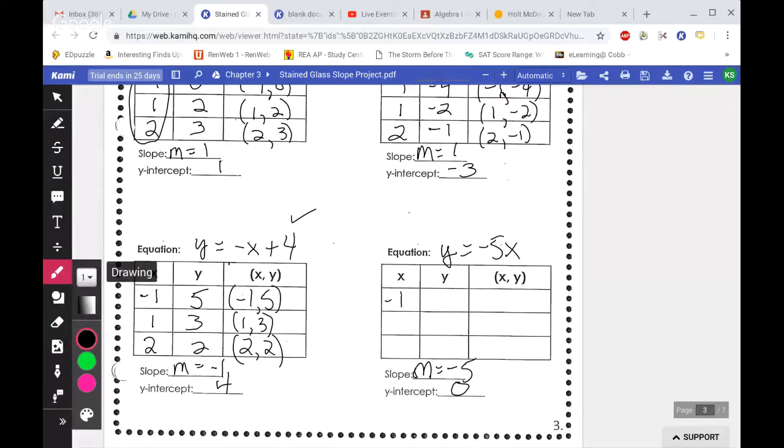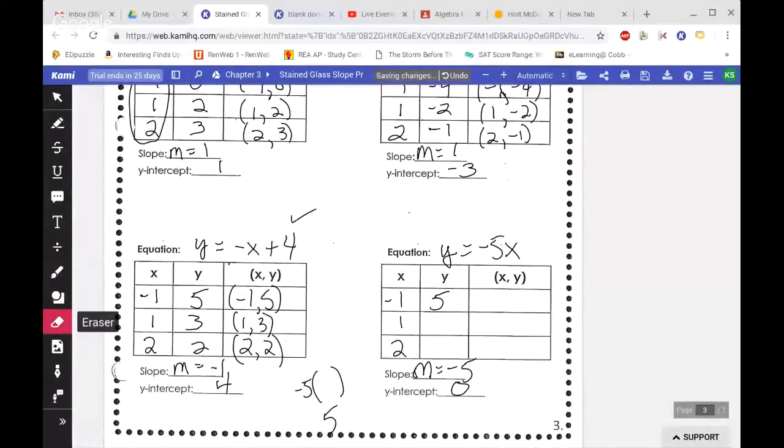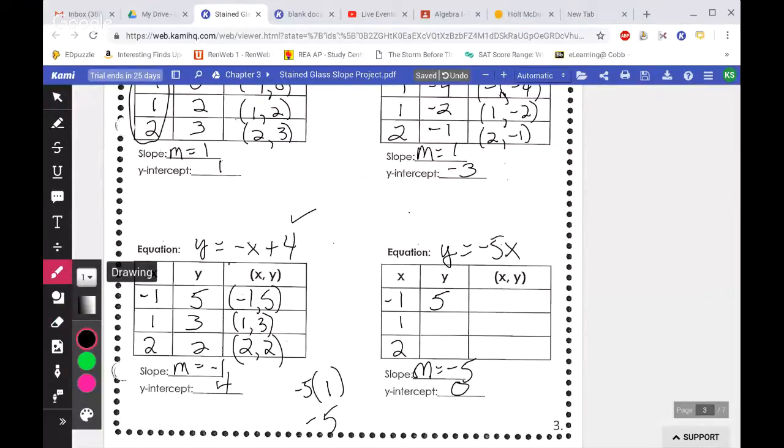Okay, so once again, I'm just going to plug in my same old numbers that Miss Sparks uses because she's trying to keep it simple. So now I've got negative 5 times negative 1. So that's going to be a positive 5 because a negative times a negative is a positive. And now I've got negative 5 times 1. So that's going to be negative 5.